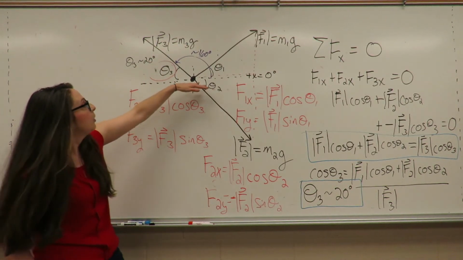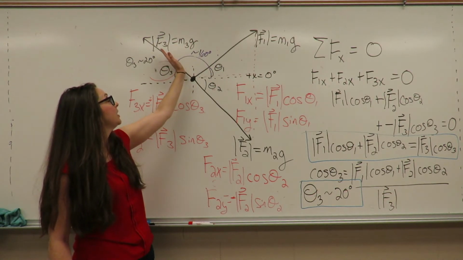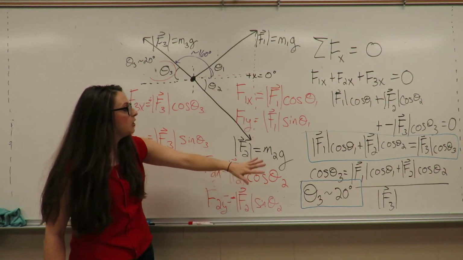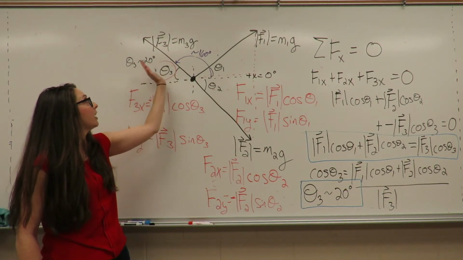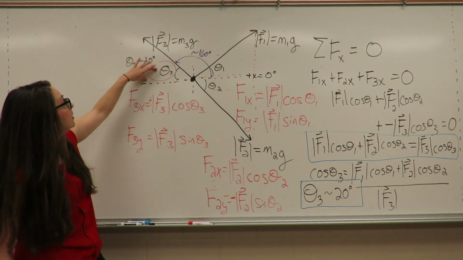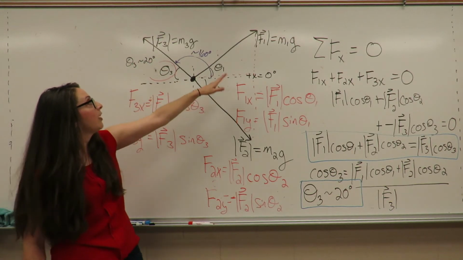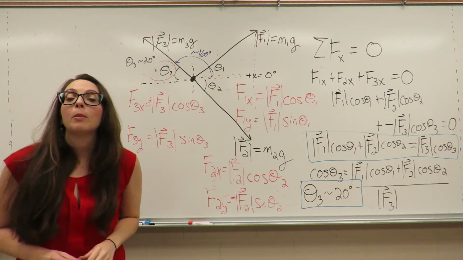You measured this angle from the positive x-axis to where the vector is. The way we did it, we just calculated the angle between the negative x-axis and our vector here. So we've proven that this angle here is 20 degrees. If I subtract that from 180, I've got my 160 degrees that you took for your measurement.